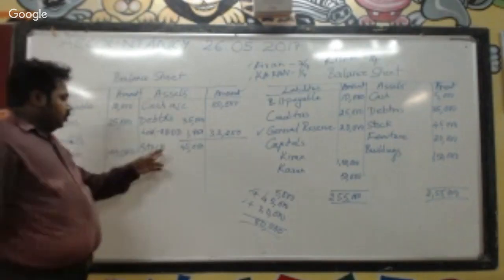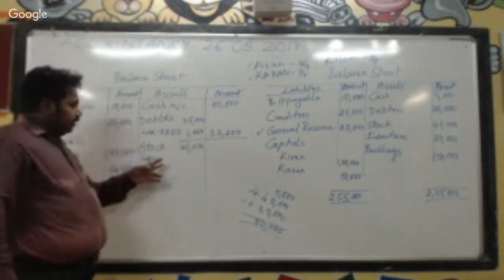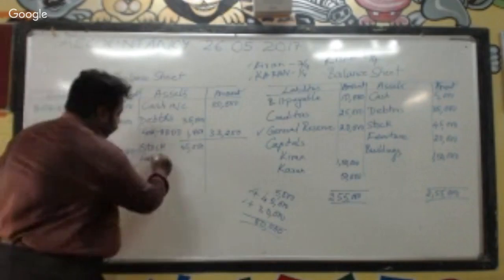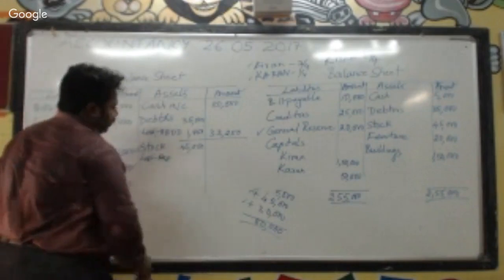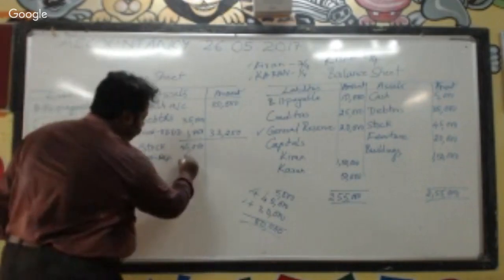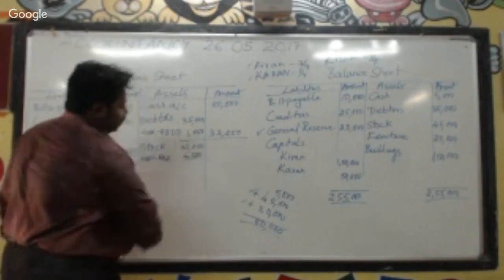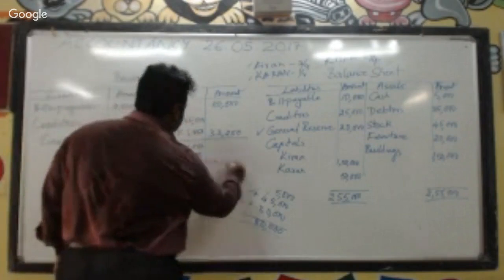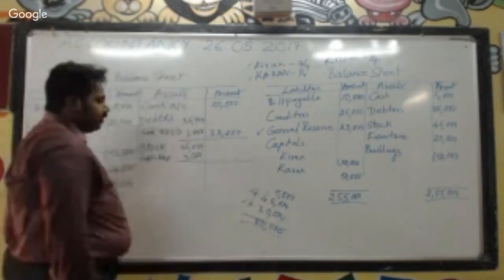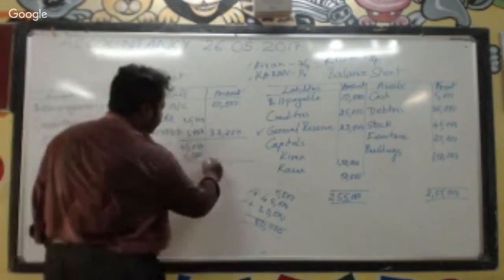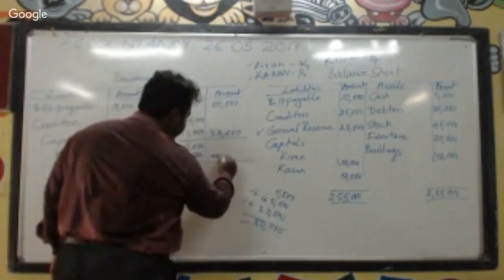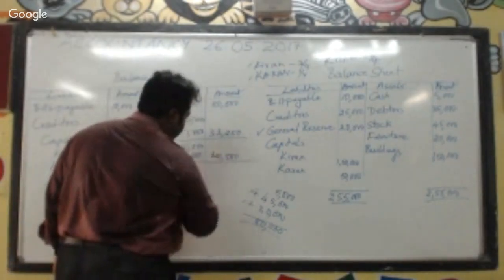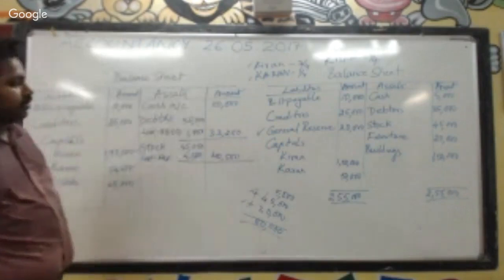So total stock is 45,000. If stock is depreciated, 10% means how much? 10% of 45,000 is 4,500. If you subtract this 4,500 from 45,000, you will get 40,500.